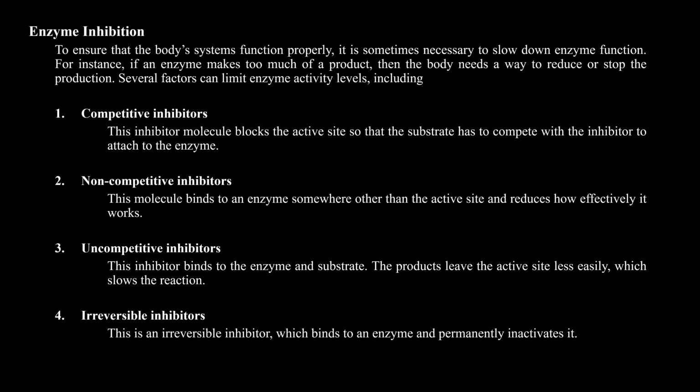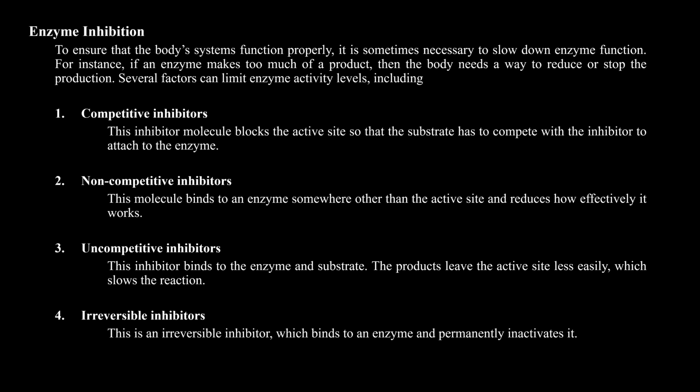Enzyme inhibition helps ensure the body's enzymes function properly. Sometimes it is necessary to slow down enzyme function, for instance when the body needs to stop production. Several factors can limit enzyme activity, including competitive, non-competitive, uncompetitive, and irreversible inhibition. In competitive inhibition, the inhibitor molecule blocks the active site so the substrate competes with the inhibitor.